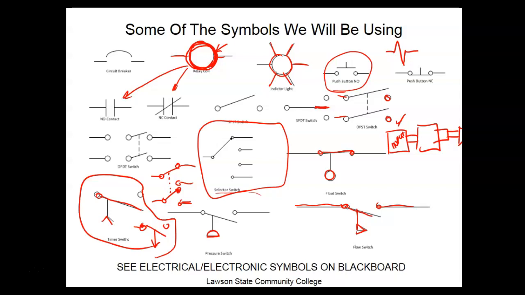But learning symbols is very, very important for the trade, because when you come up here on the PLC and you hook up a push button, then you need to draw the electrical symbol for a push button. If you draw a normally closed push button, you need to draw the electrical symbol. If you hook up a limit switch, we'll look at the symbols for those also. We have a better slide or presentation on this than we do on that other one.